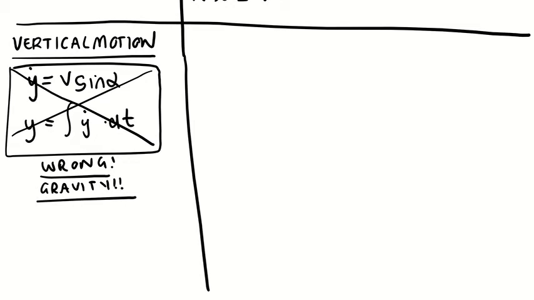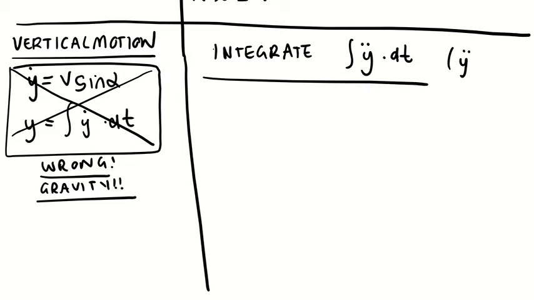What we have to do, and here's my line of how to do it, is integrate y double dot with respect to t. And we know that y double dot is equal to negative g. That was one of our assumed formulas.